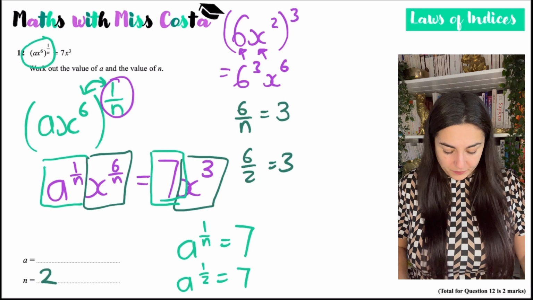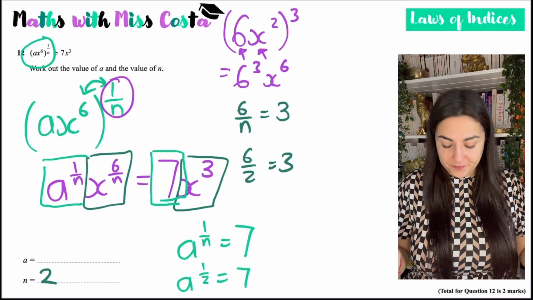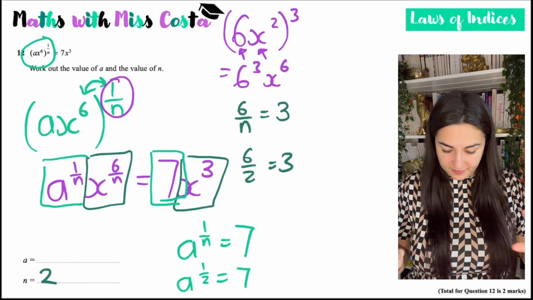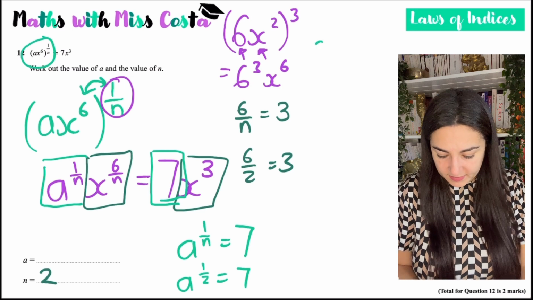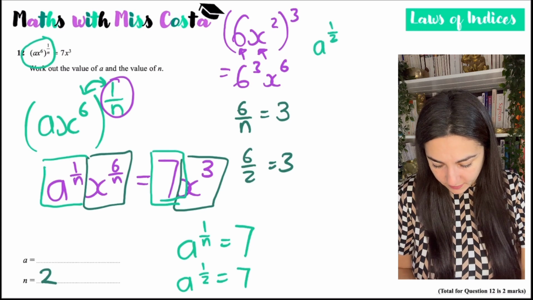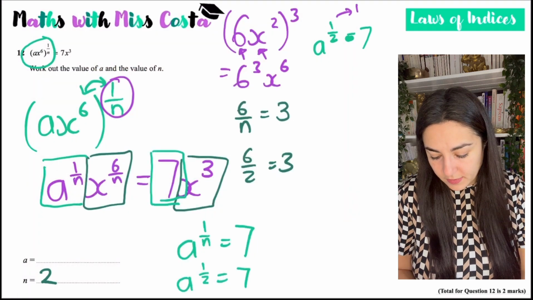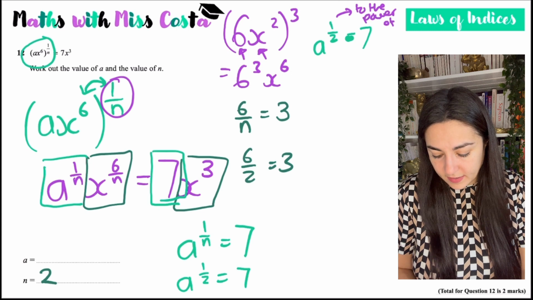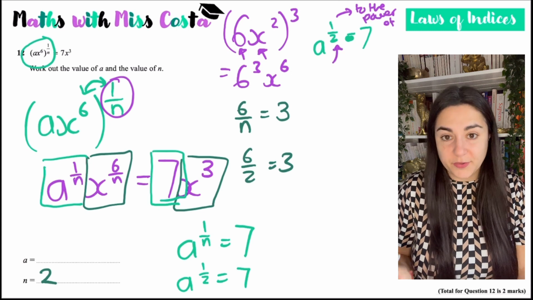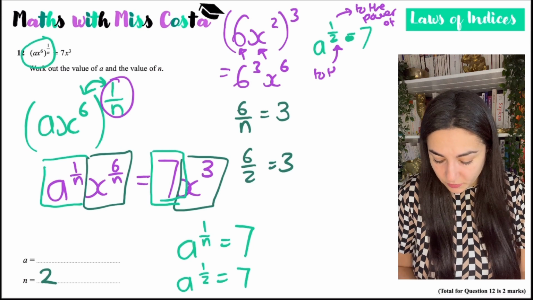So what that means is there needs to be a number. So a to the power of a half equals 7. So remember, this is what it's to the power of. And when you're dealing with fractional indices, that is what it's to the root of.